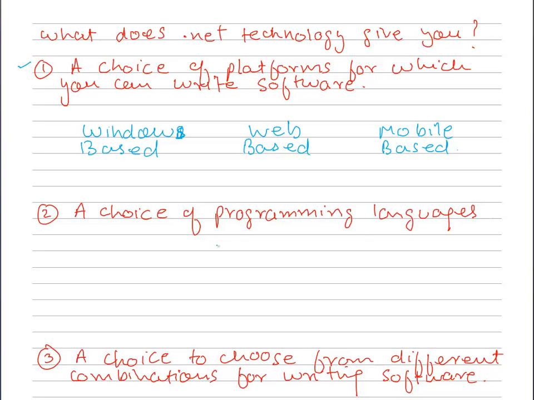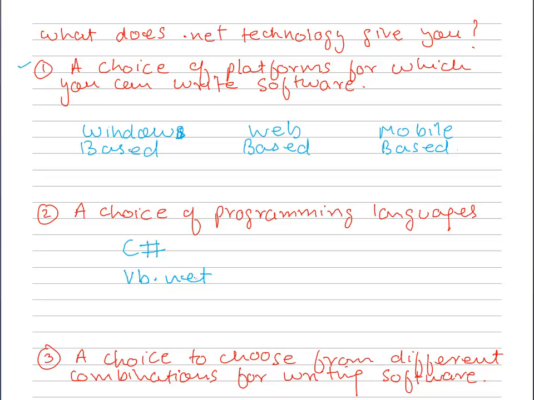If you are from, let's say, a C++ background, you can go with the programming language C#, whose syntax is very similar to the C and C++ syntax. Or if you are from a VB background, you can go with VB.NET, and you can write all your software using this programming language.